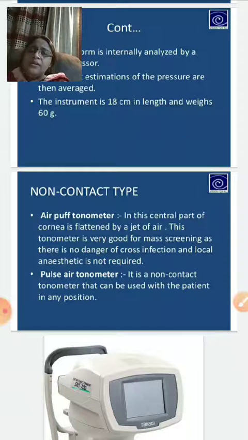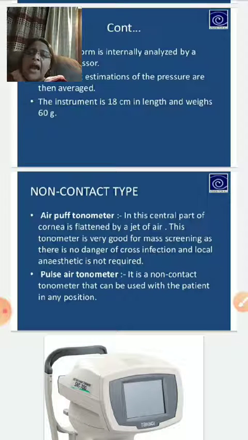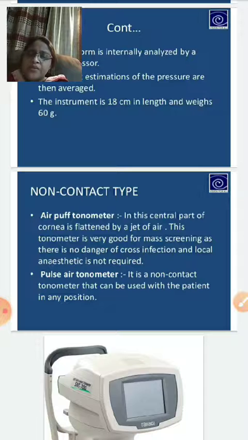So, in a nutshell, tonometry is the measurement of the intraocular pressure of the eye. It can be broadly classified into contact and non-contact tonometry. Indentation tonometry is done by the Schiotz tonometer, which is widely used in the OPD for mass screening. Applanation tonometry follows the Imbert-Fick principle. It is accurate, but it needs a slit lamp device.